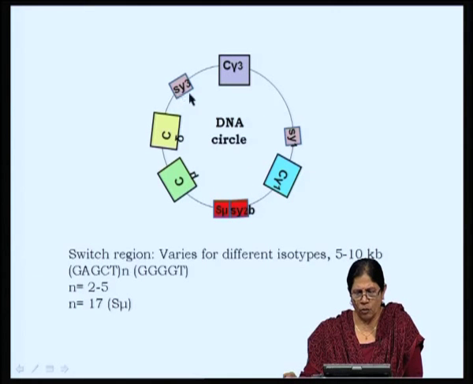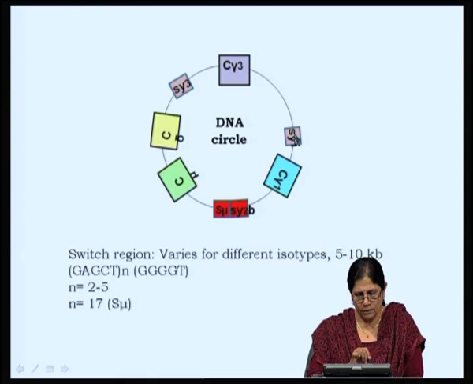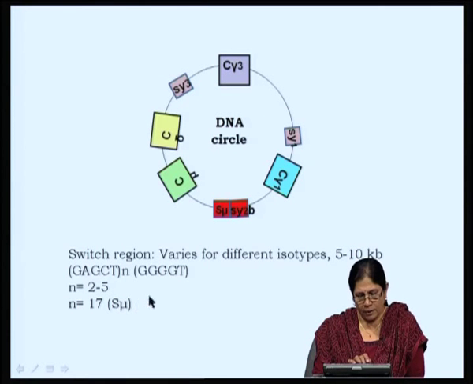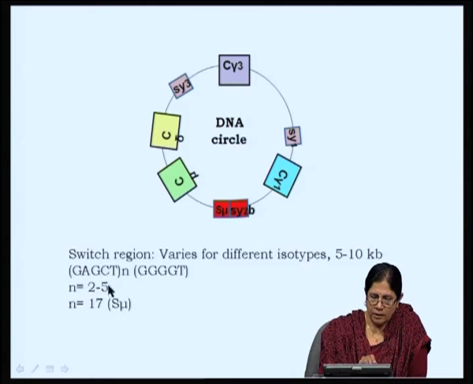Now, let us look at what the switch regions consist of. They vary for different isotypes, but each one of these switch region gene segments is approximately 5 to 10 kilobases, and what is common between all of them is that they are GC rich.